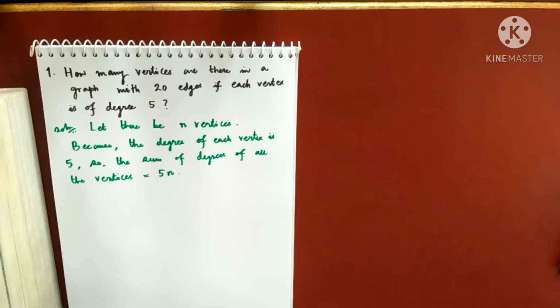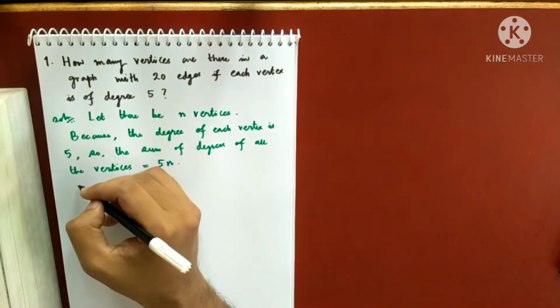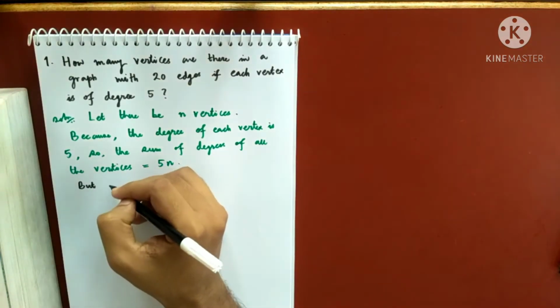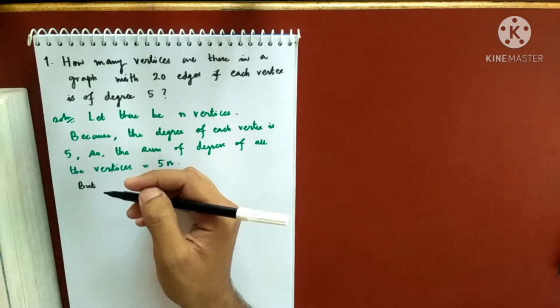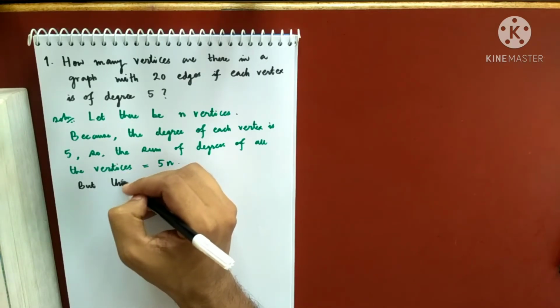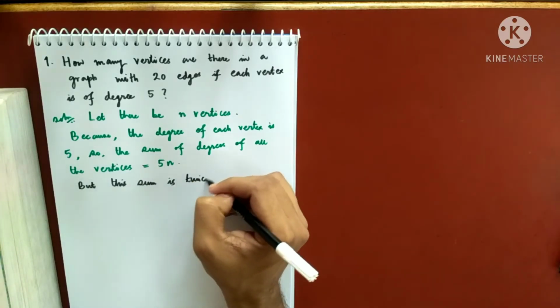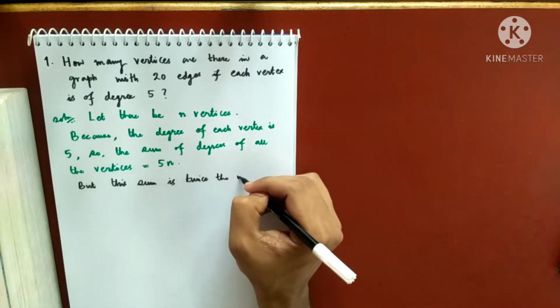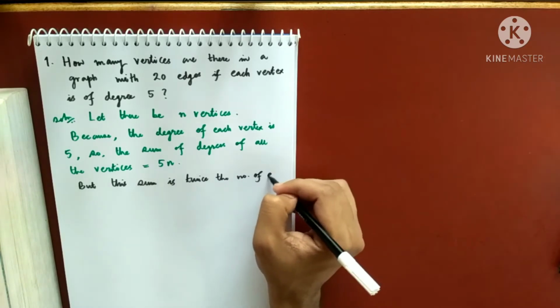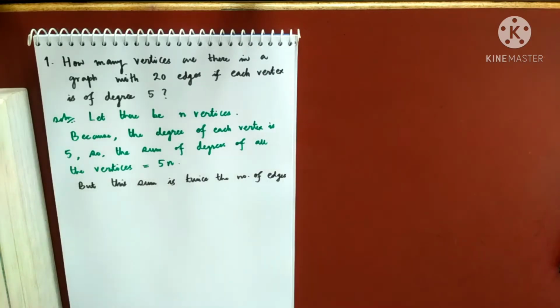The sum of degrees of all the vertices equals 5n. But this sum is twice the number of edges. You know this. In the previous theorem we had done exactly this.